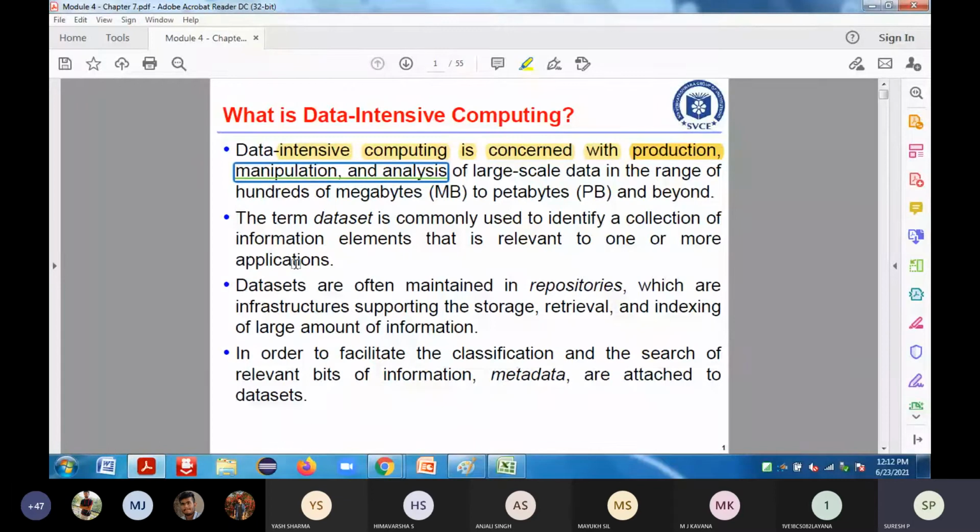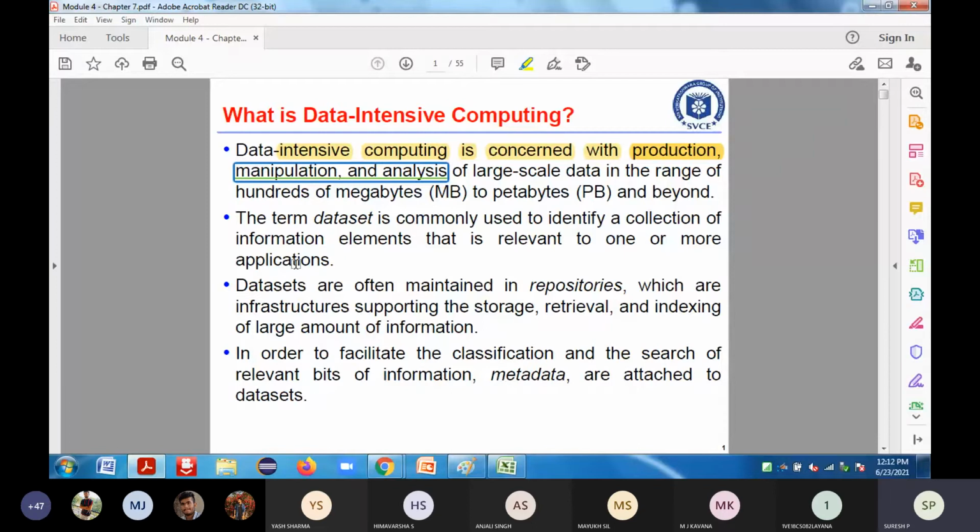The term information suggests that it is carrying some information, carrying some meaning. That particular data set is carrying some meaning with respect to one or more applications.